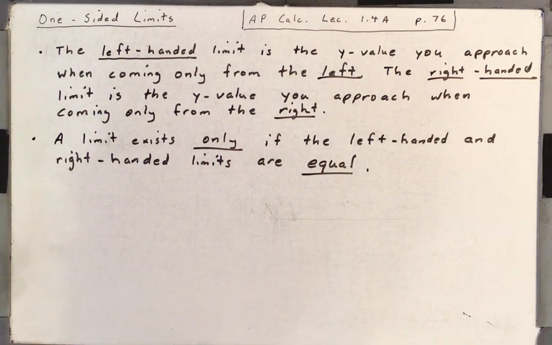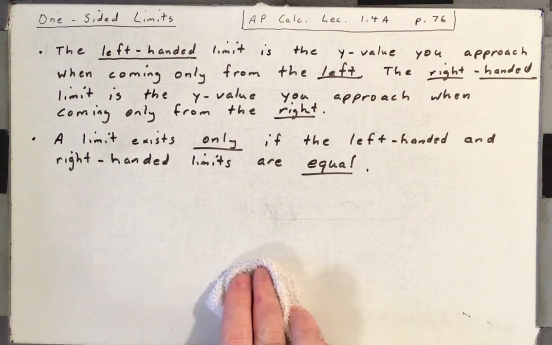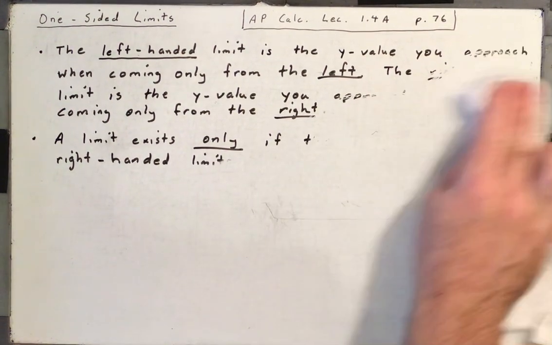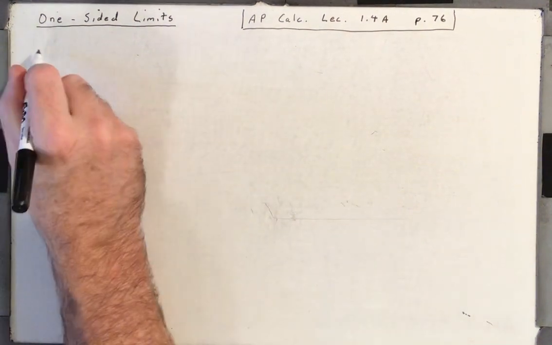So you analyze it from the left, from the right. If they're equal, then the limit exists. All right, let's do some examples from the book. Our first example is number 6.